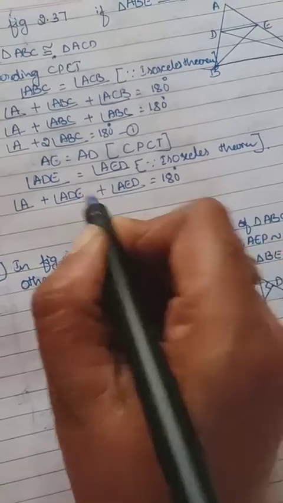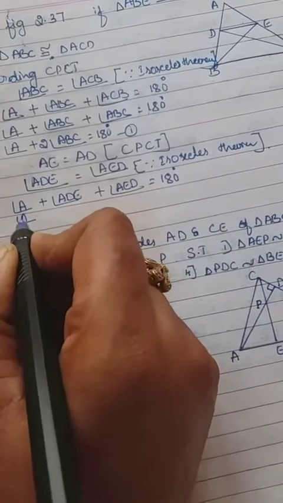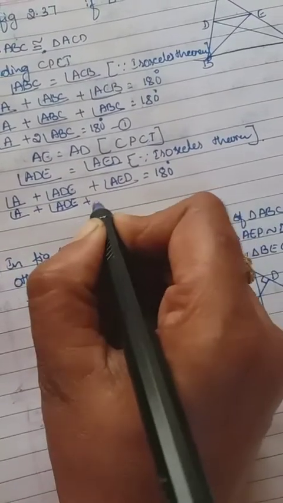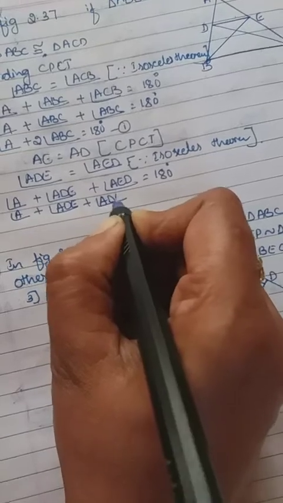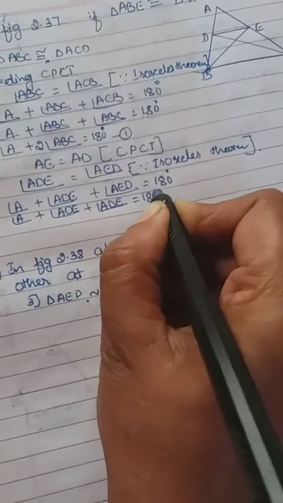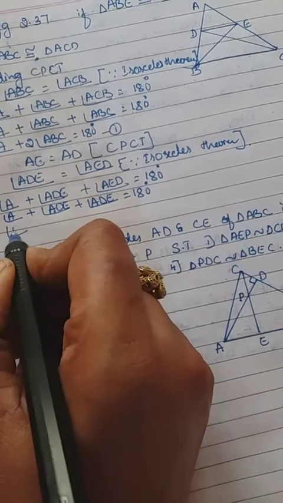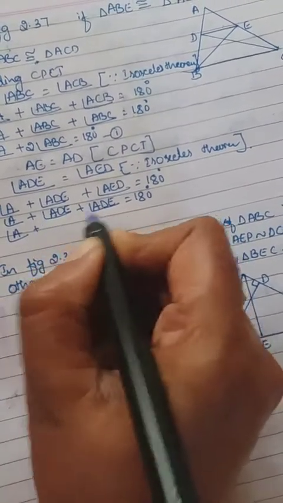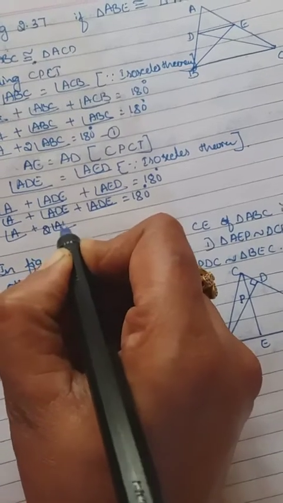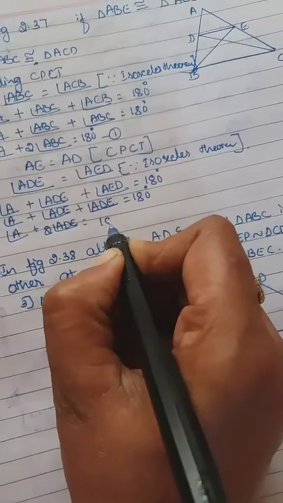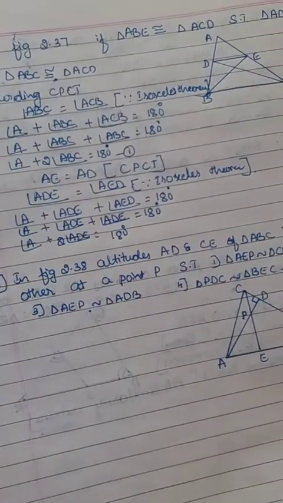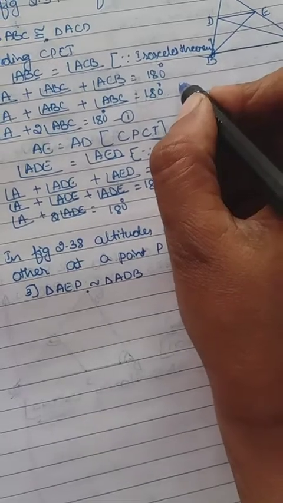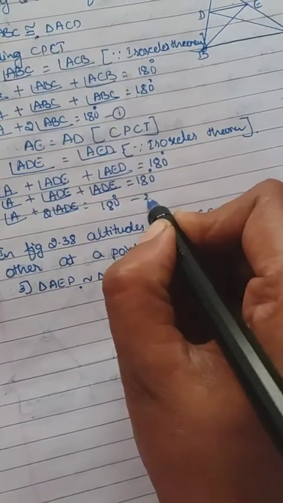Instead of angle AED, we can write angle ADE. So angle A plus 2 angle ADE equals 180 degrees. Take this as equation 2.